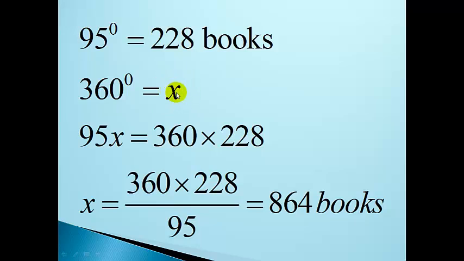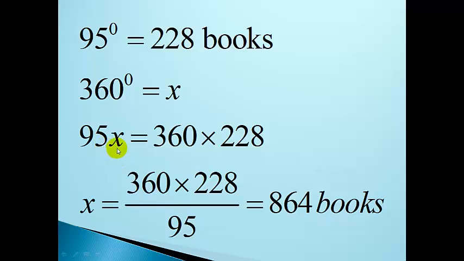Now by cross multiplication, 95 times x will give us 95x on the left hand side, and this is equal to, we also multiply 360 by 228, and so we have 360 times 228.